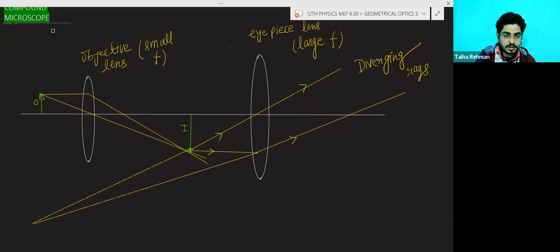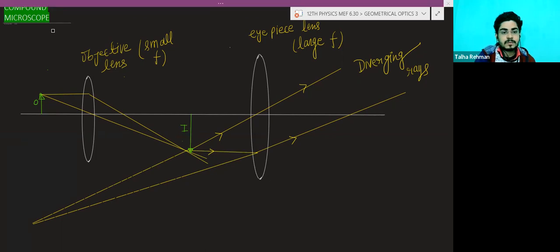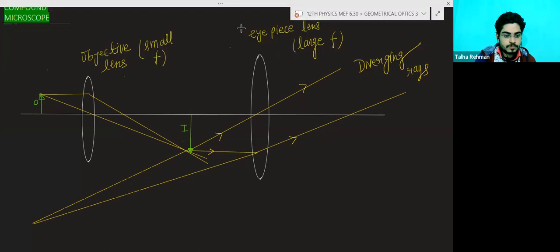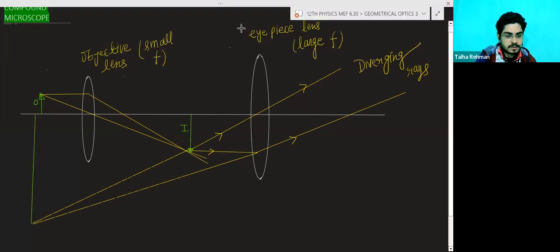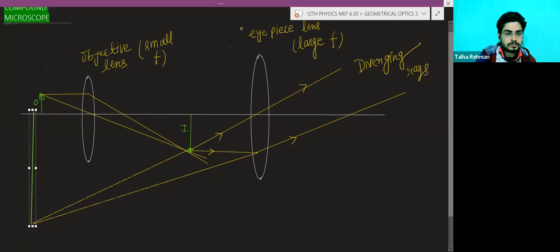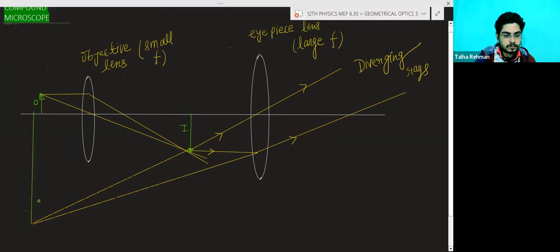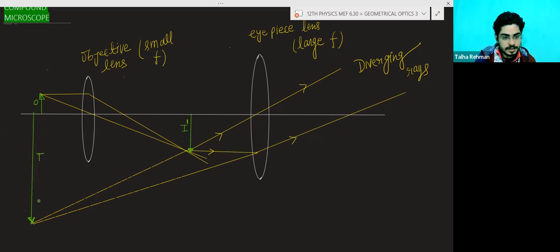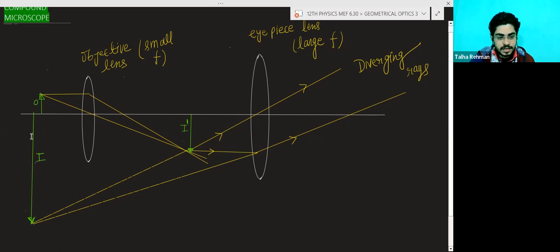So this much bigger image will form. So the final image is this. Write this as I dash. This is the final image, and the size of the image is very, very large.